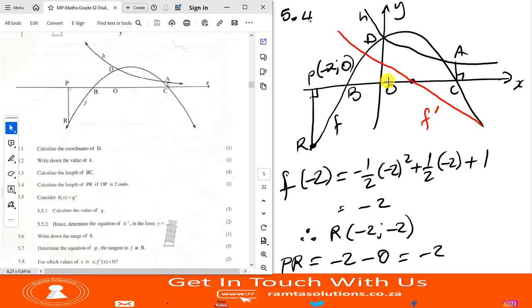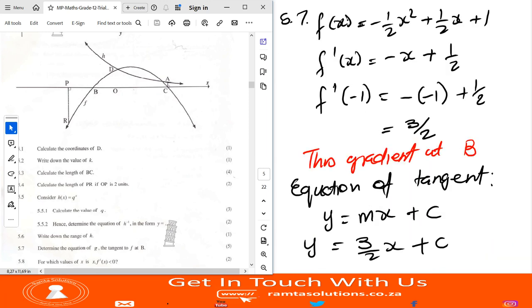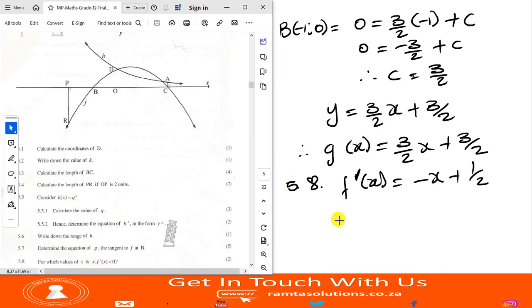Can you agree with me that this is 0? To the left of this point, x values are negative, but f prime x is positive. Do you guys agree? So we can say this is when x is less than 0.